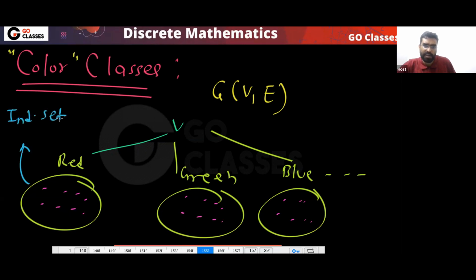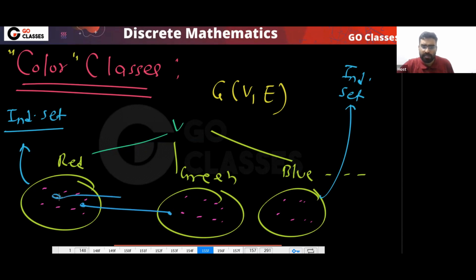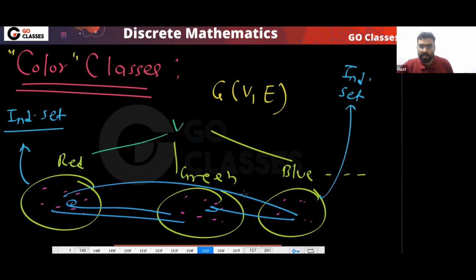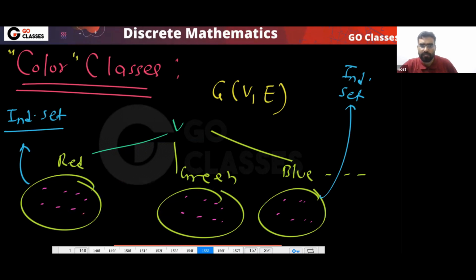Is it possible that there is an edge between different color classes? Yes, this is possible. There is no problem. These things are possible. So this is the idea.